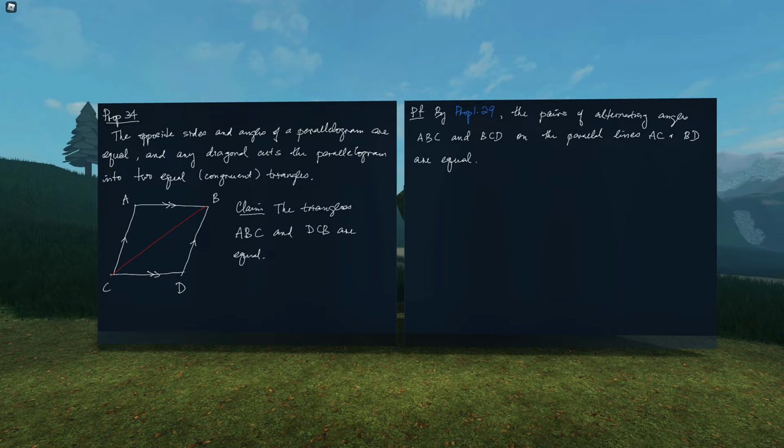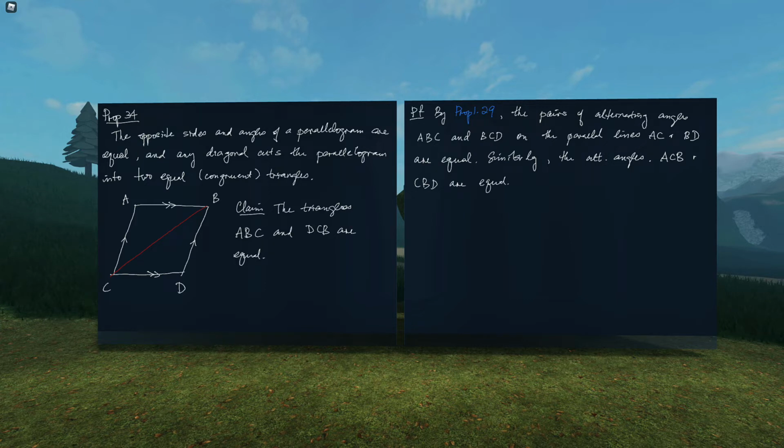And similarly, with exactly the same argument, the alternating angles ACB and CBD are also equal.